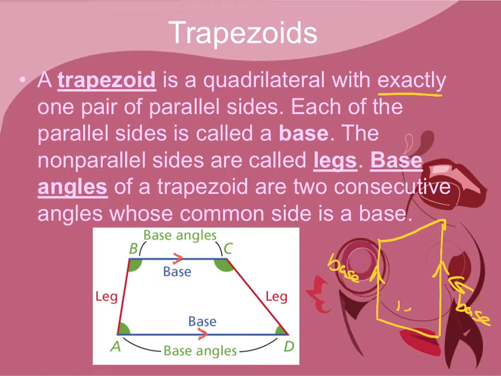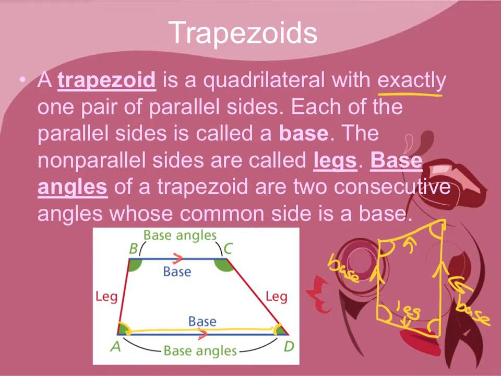These would be the legs right here and here. So remember, the parallel sides are the bases, the non-parallel sides are the legs. And then we have base angles, where the common side that they share is that base. These would be base angles over here and over here. It's got them both in the top and the bottom.